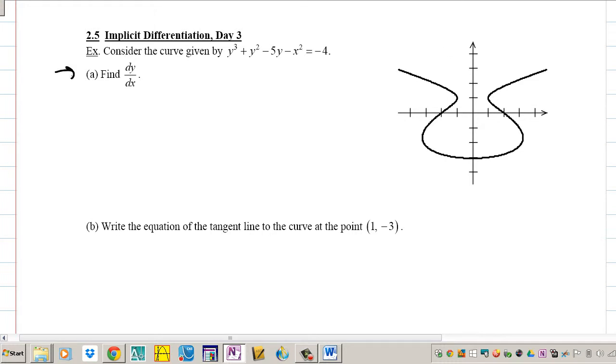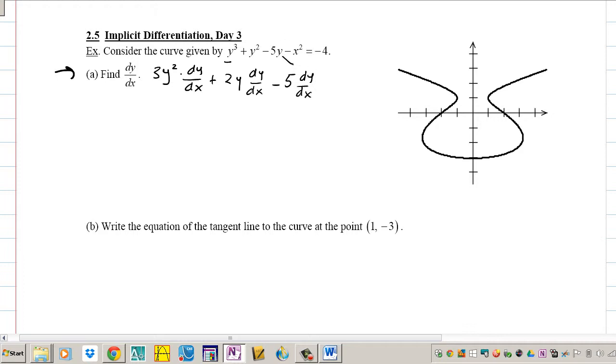It says here, find dy/dx. Well, what's the derivative of y cubed? It's 3y squared times dy/dx, plus 2y dy/dx, minus 5 dy/dx.